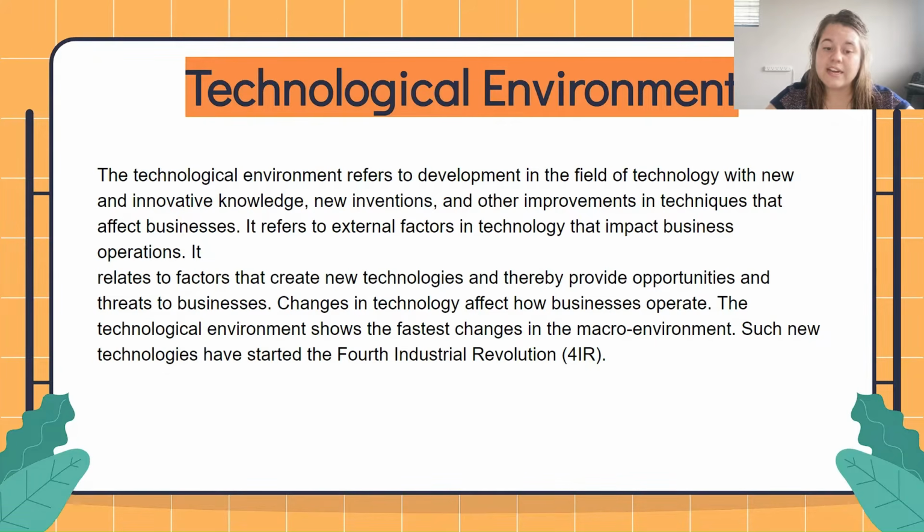It relates to the factors that create new technologies and thereby provide opportunities and threats to businesses. Changes in technology affect how businesses operate. The technological environment shows the fastest changes in the macro environment, such as technologies that have started the fourth industrial revolution. So a very, very good example here that I always remember with the technological environment.